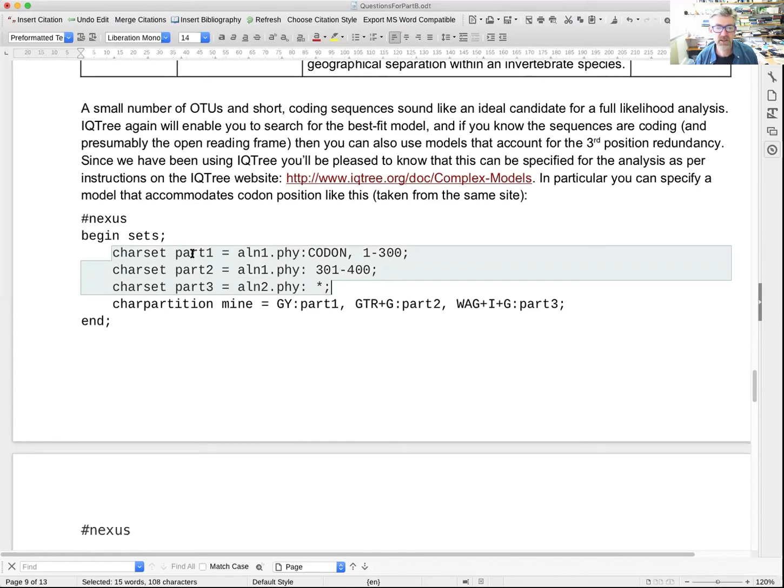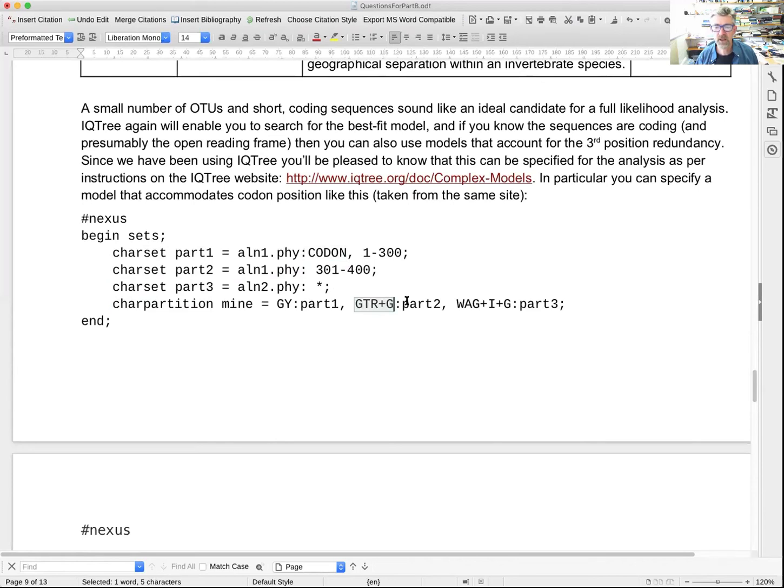The character sets, part 1, part 2, part 3 here. And this is the partition of those character sets. And we can say that there's a particular model for part 1. This is called a Goldman-Yang model, which is a codon model versus a DNA model. Don't need to worry about the names, it's just explaining the syntax.